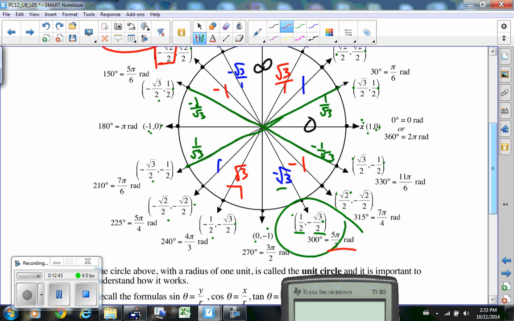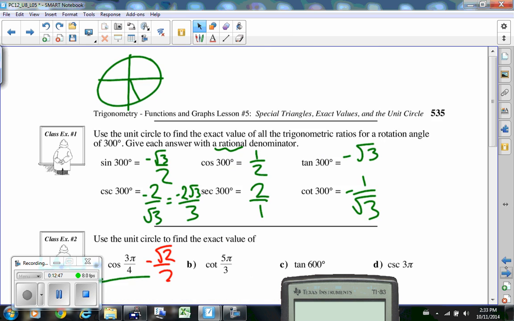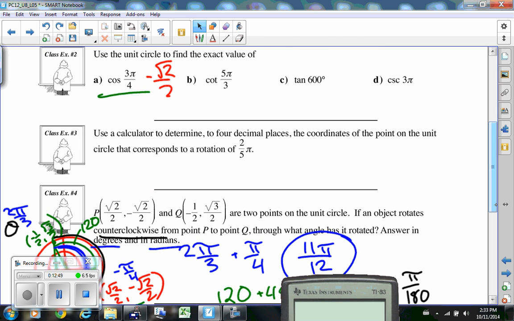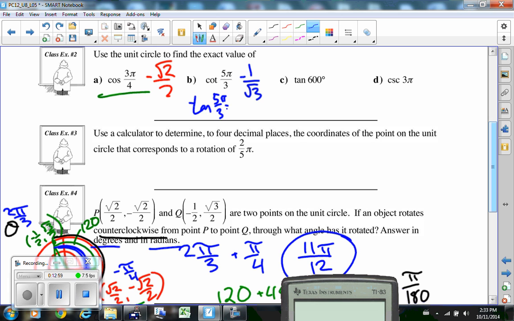My tan would be -√3, which means my cotan is -1 over √3. Since tan 5 pi thirds equals √3, then I just flip it over.